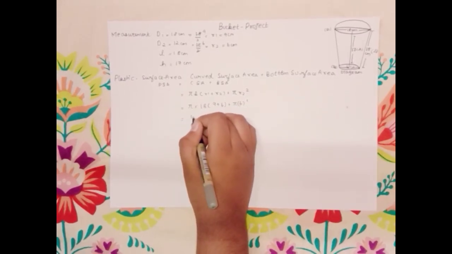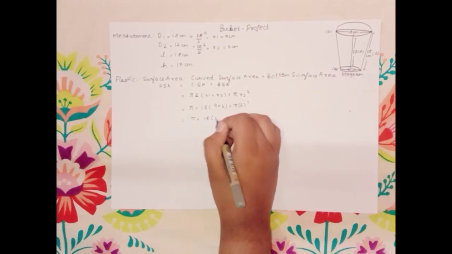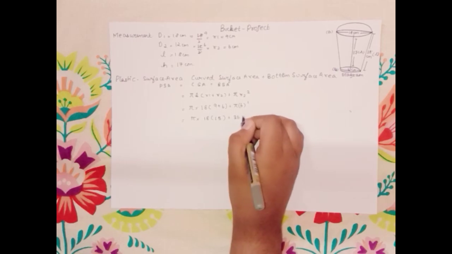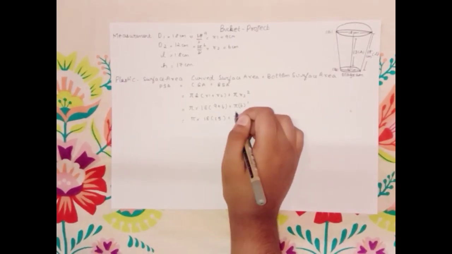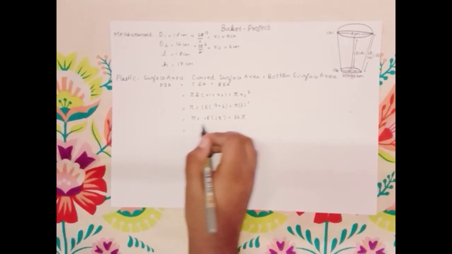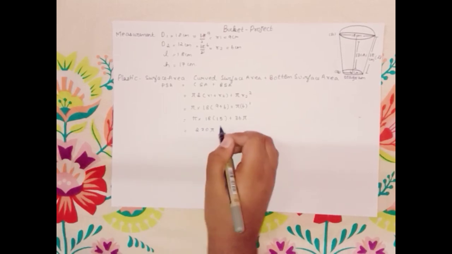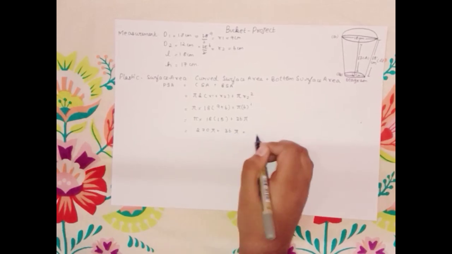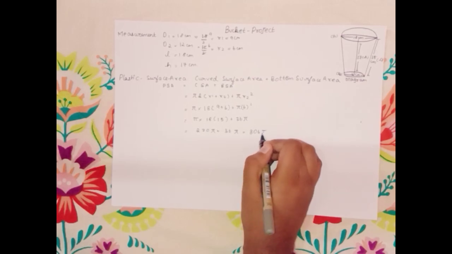So pi into 18 into 9 plus 6 is 15, plus 36 pi, that is 6 into 6, 36. 6 square is 36. 36 into pi, 36 pi. Now 18 into 15 is 270. So 270 pi plus 36 pi. When we add, we are getting 306 pi.